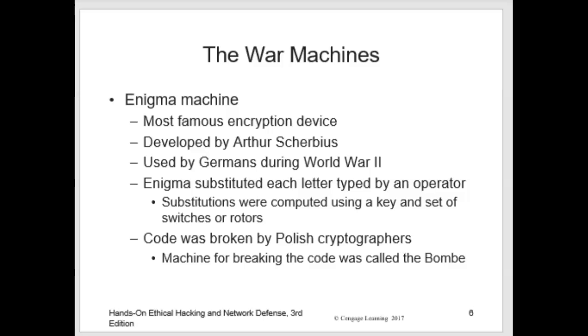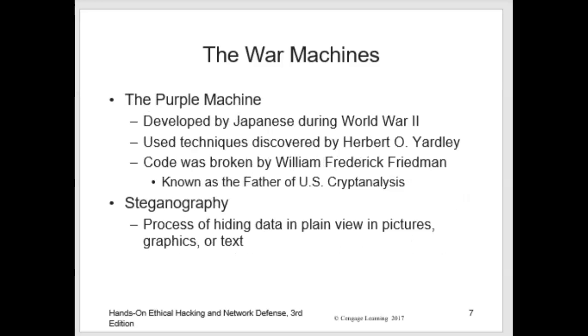The operator then wrote the substitution character and turned a rotor or a switch, and then entered the next letter and again wrote down the substitution character the Enigma displayed. So what they transmitted over the airwaves, of course, was a message that could only be decrypted by another Enigma machine. So they added a step to the process.